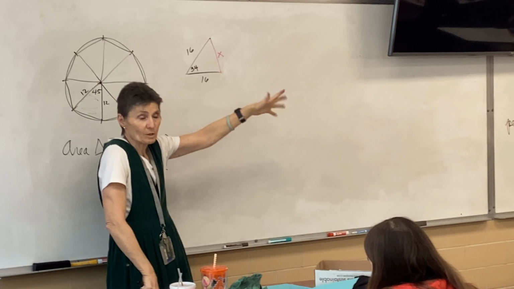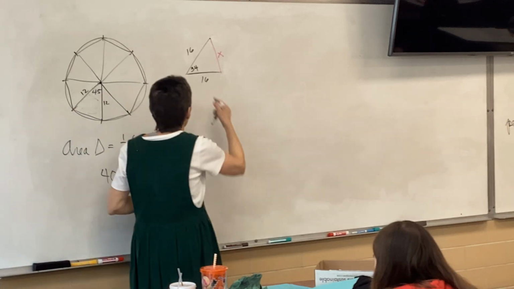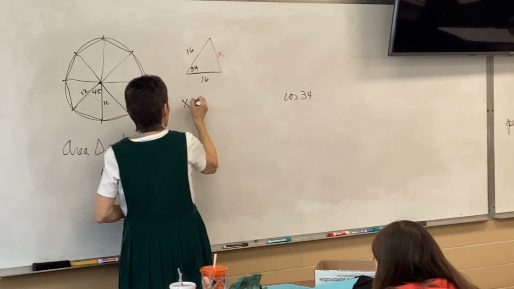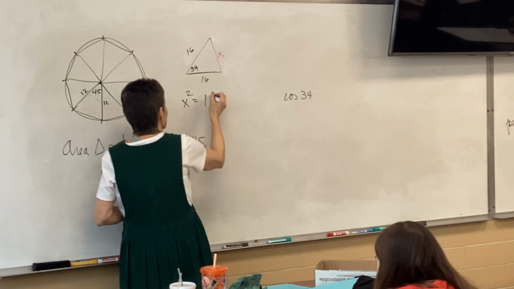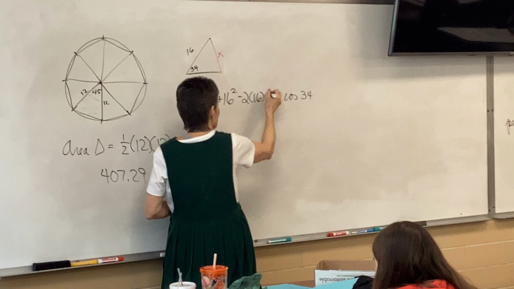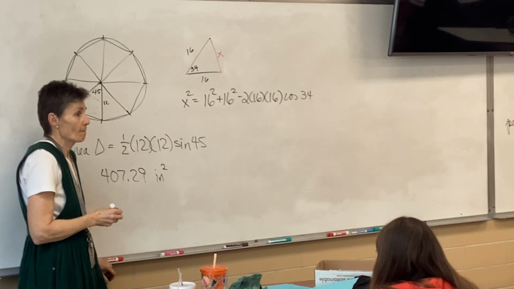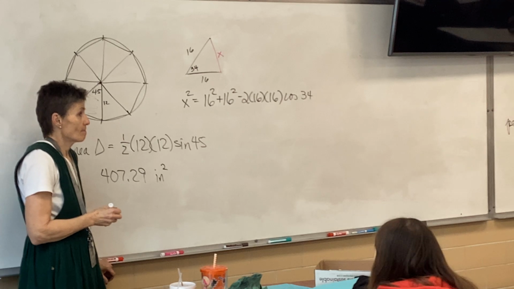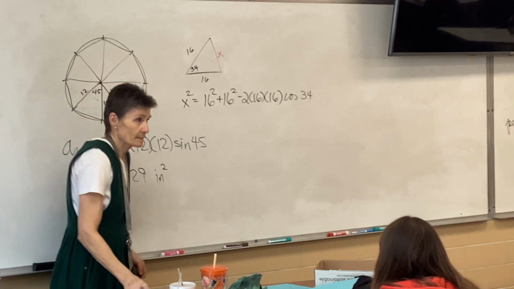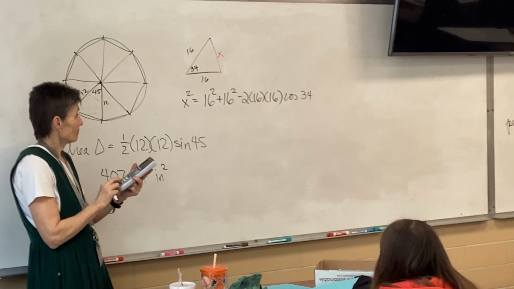Okay, which am I gonna do? Gotta be cosines. So out here, I've got cosine 34. X squared equals, here we go, 16 squared plus 16 squared minus 2, 16, 16, right? Let's type it all in and take the square root.